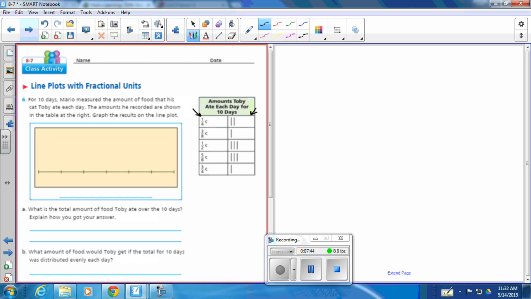What would be our title for our x-axis down here? What are we labeling down there? Good. Okay, it's the amounts of food. And notice, are they all in the same unit? Yeah, so we could say cups of food Toby the cat ate, right?